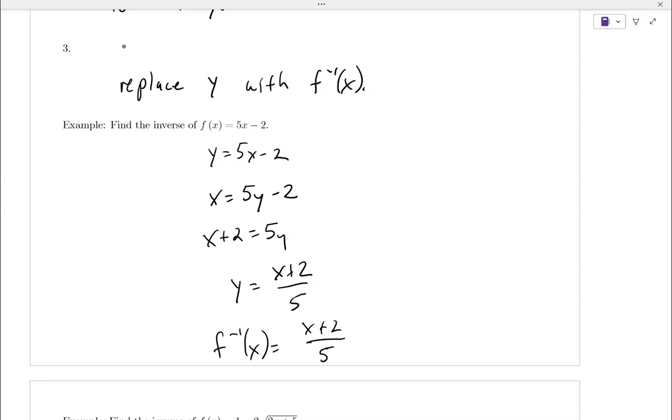The second thing I want to mention is that we didn't look at this and verify that we actually had an inverse before we started. Remember, the way we verify that we have an inverse is that the function has to be 1-to-1. And we just said that we did that through the horizontal line test looking at the graph, right? So looking at this particular function, in particular looking at this form that I wrote it in, what kind of graph would you see if you graphed this function?